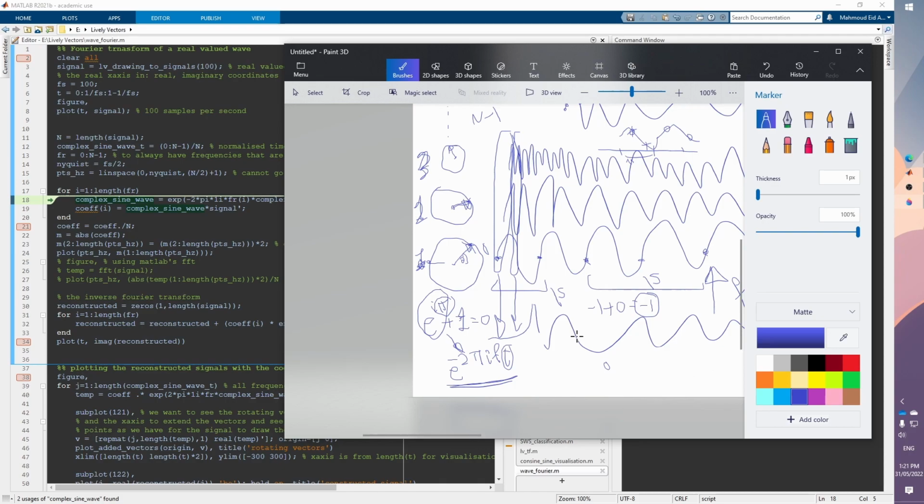Then we normalize by the number of multiplications that we have done, because otherwise it will be a very high value that does not represent the magnitude of the signal, and we need to stay in the same scaling. That's why we normalize by 1 over n, because we don't need this to be a very high summation.